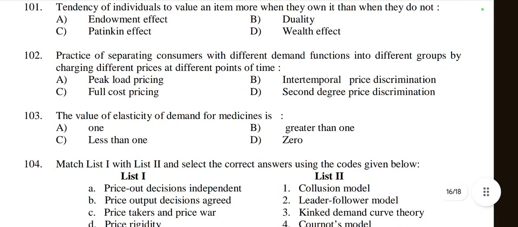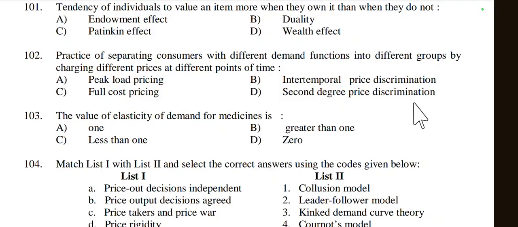Then question number 102, practice of separating consumers with different demand function into different groups by charging different prices at different points of time. It is called as peak load pricing, intertemporal price discrimination, full cost pricing, or second degree price discrimination.